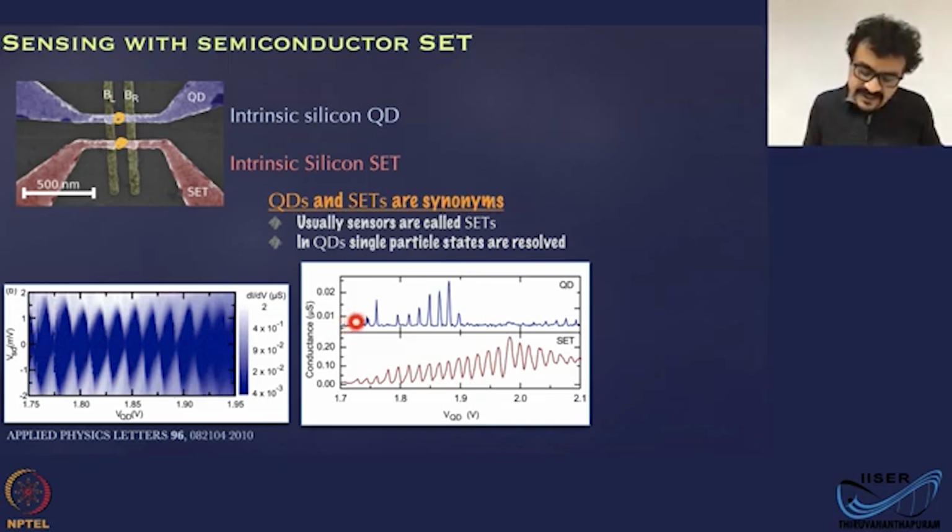Here, this is the conductance of the quantum dot, but this is the conductance of the quantum dot sensed by the SET. As I told before, though both these quantum dots and SETs are in this case very similar in size, usually sensors are referred to as SET and quantum dots are the system that you are studying. Okay, you are probing.